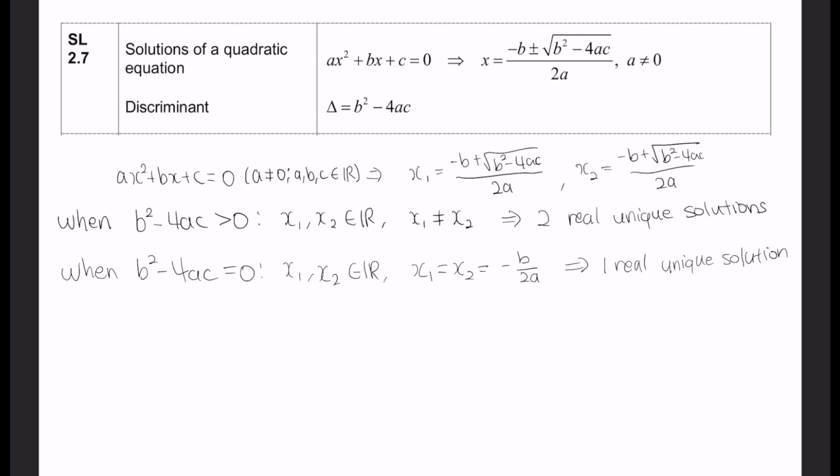Finally, when the discriminant is less than 0, x1 and x2 involve taking the square root of a negative quantity, so they will not be real numbers. As a result, the quadratic equation will have no real unique solutions.